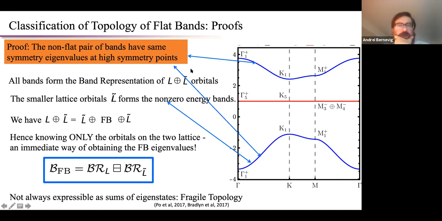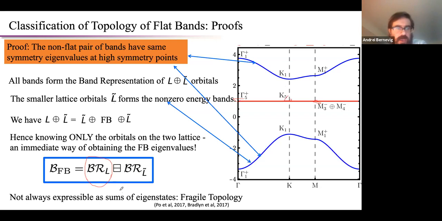And I remind you that this equivalence tells you that the symmetry eigenvalues of the flat bands at high symmetry points, which is this B vector, whatever representation you have here, here, and here, is basically just given by the difference between the representations at high symmetry points of the orbitals on the L lattice, which you know because these are just the atomic limits of these orbitals, the elementary band representation, and those on the L tilde lattice, which you also know.